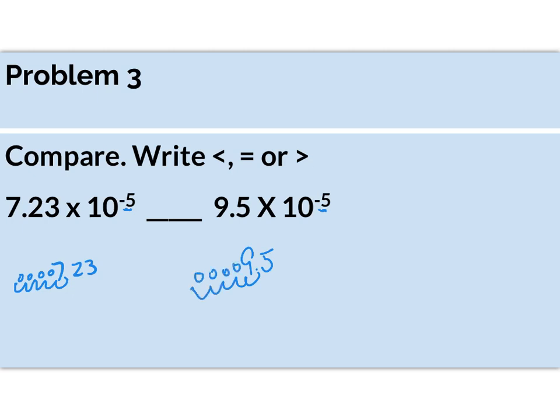So 0.000095 and 0.00000723. Well, 95 is bigger. So they have the same exponent. What you could have done as a shortcut: the base is different, but the power of 10 is the same, 10 to the negative 5, and we know that 9.5 is bigger.